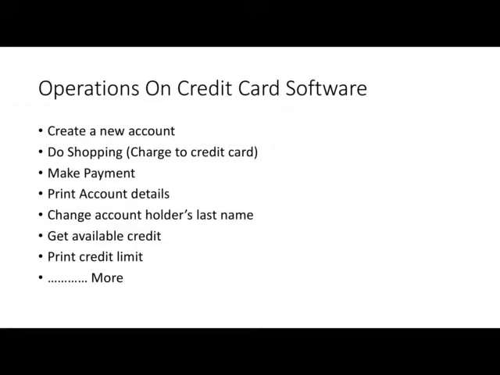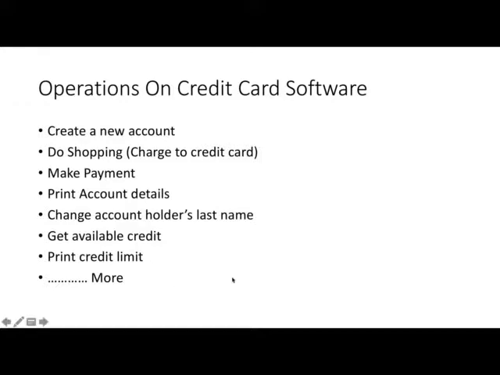Okay. So you have to keep in mind that some operations change the state of the credit card object, some don't. The ones that change the state of the object have write access to the object, otherwise just read access. Like print account details, it just prints, doesn't really change anything.